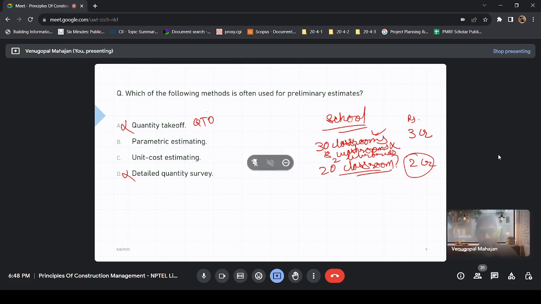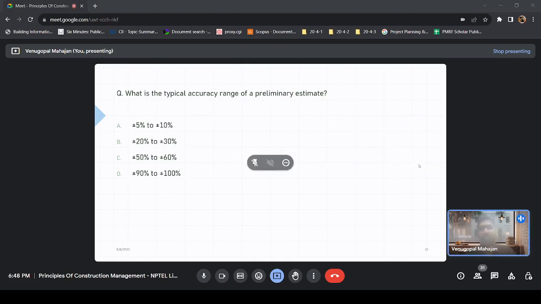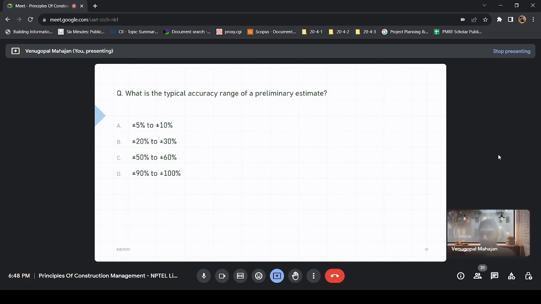Yes, sir. So let's see. What is the typical accuracy of a preliminary estimate? A, B, C, or D? Accuracy range. B. That's what I heard, preliminary estimate, right? Okay.